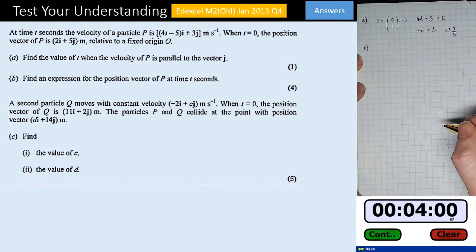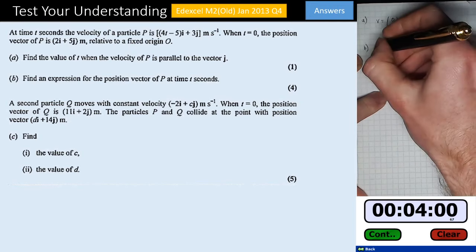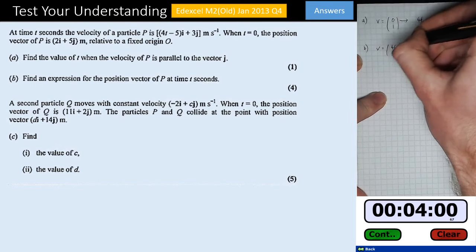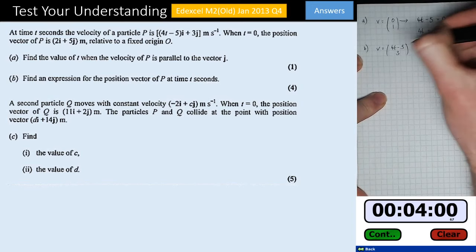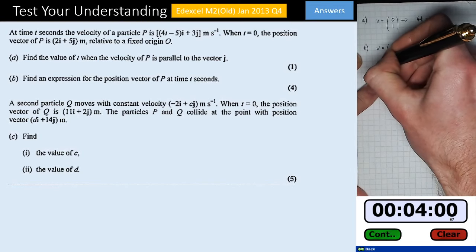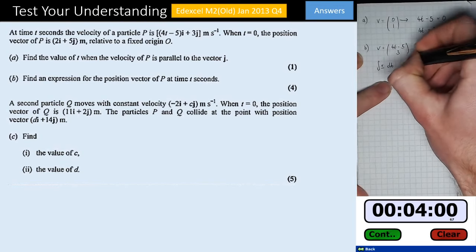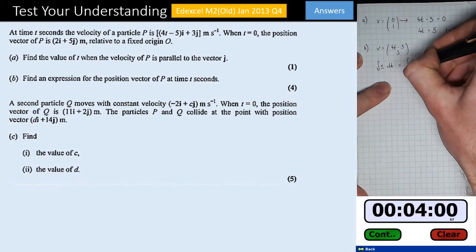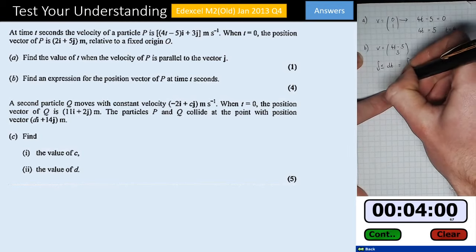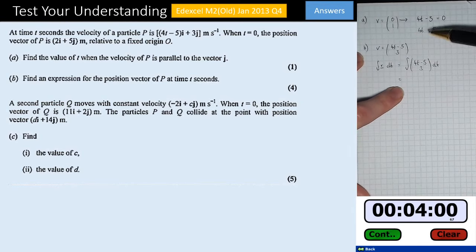For part B, an expression for the position vector of p at a time t seconds. Well, our velocity vector is 4t take away 5 and 3. We want to integrate v with respect to t, which means that we're integrating 4t take away 5 and 3 with respect to t. And I'm writing my workings here as 5/4.